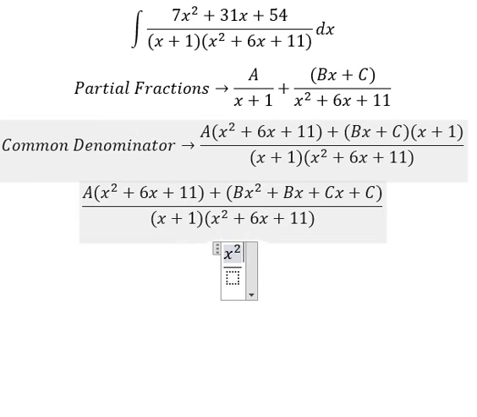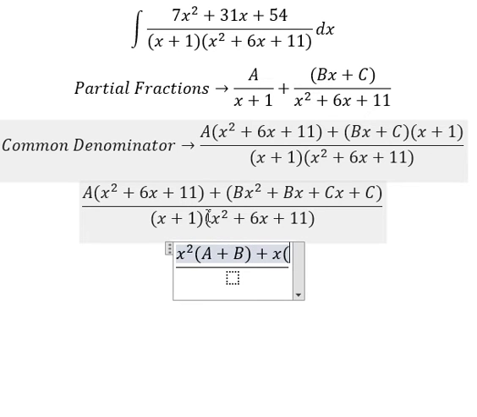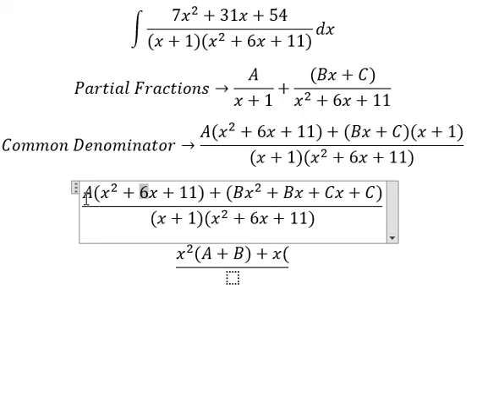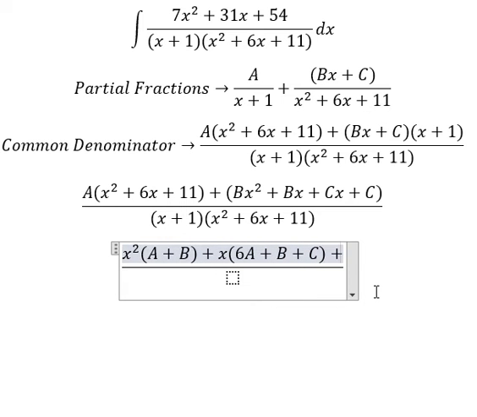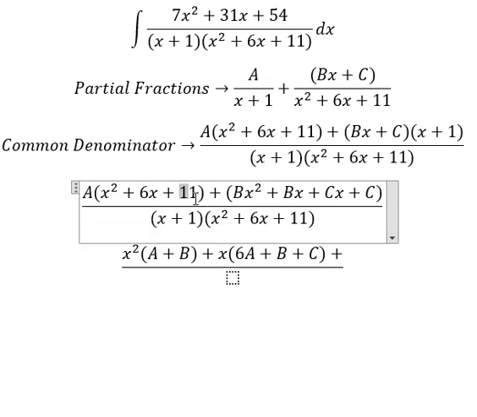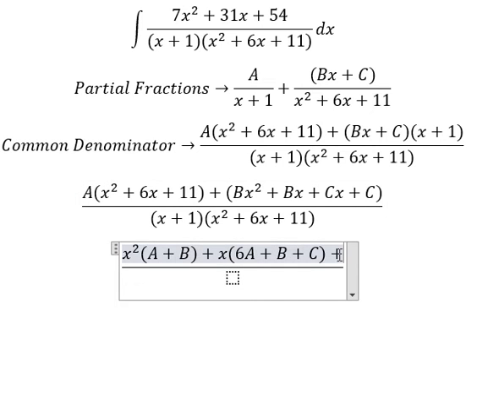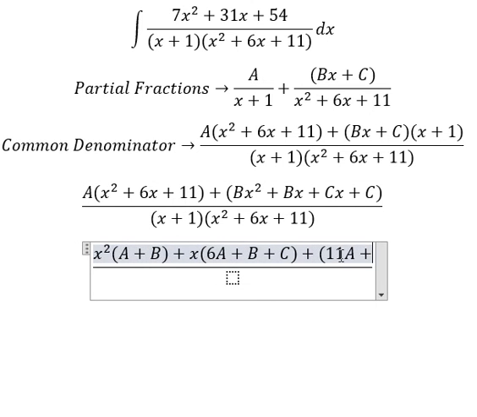For s squared we have A plus B. For s we have 6 multiplied with A, and we have 6A, B and C. For the numbers, we have 11 with A and C.